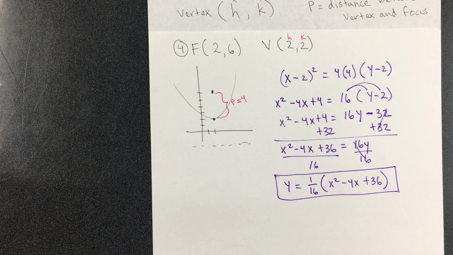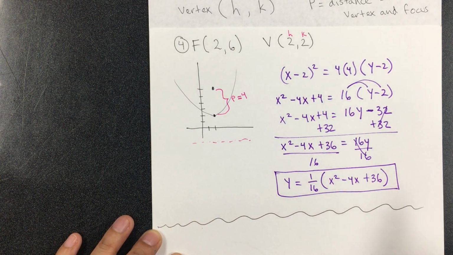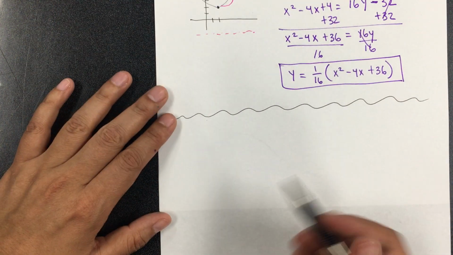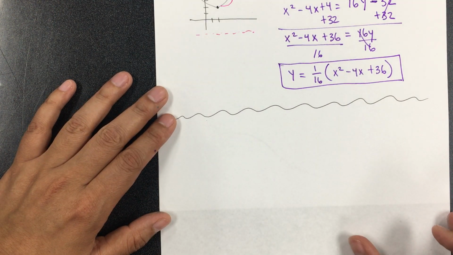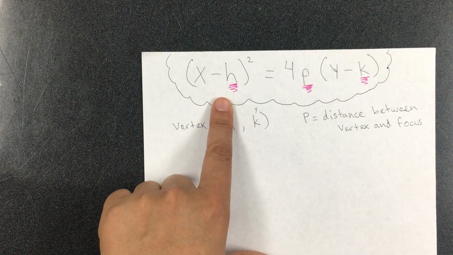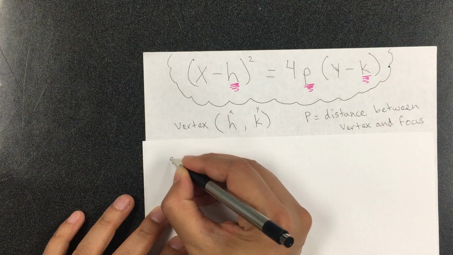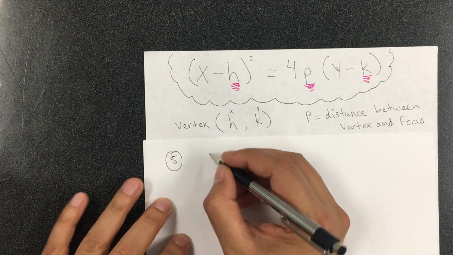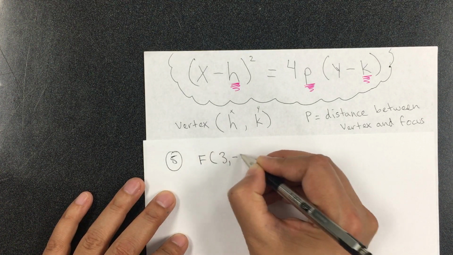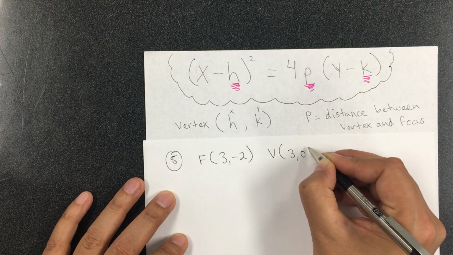Okay, let's do number 5. I'm going to use another page so that we can have this formula closer to us. For number 5, they give us that the focus is (3, -2) and the vertex is at (3, 0).